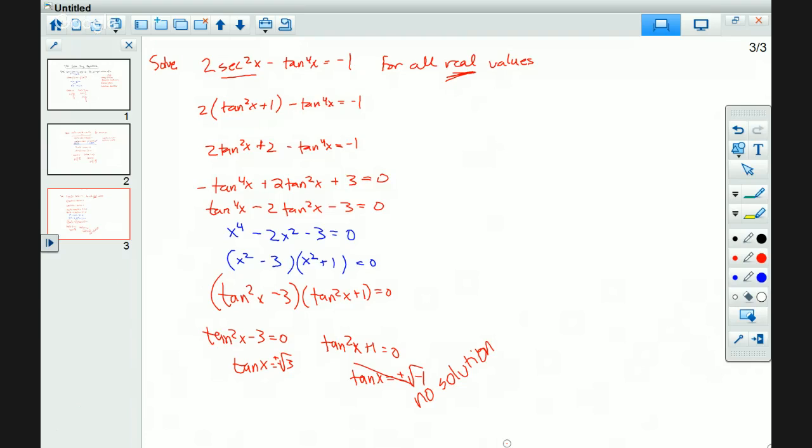And where does tan x equal positive or negative root 3? That's where you have to do that y over x thing.